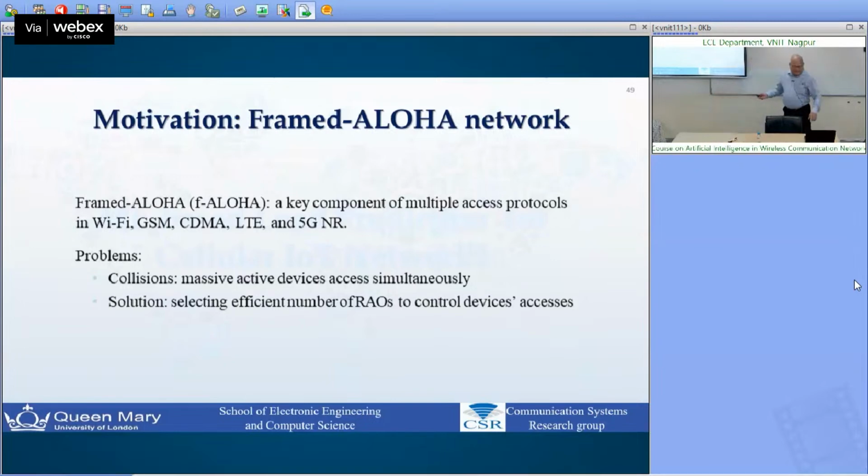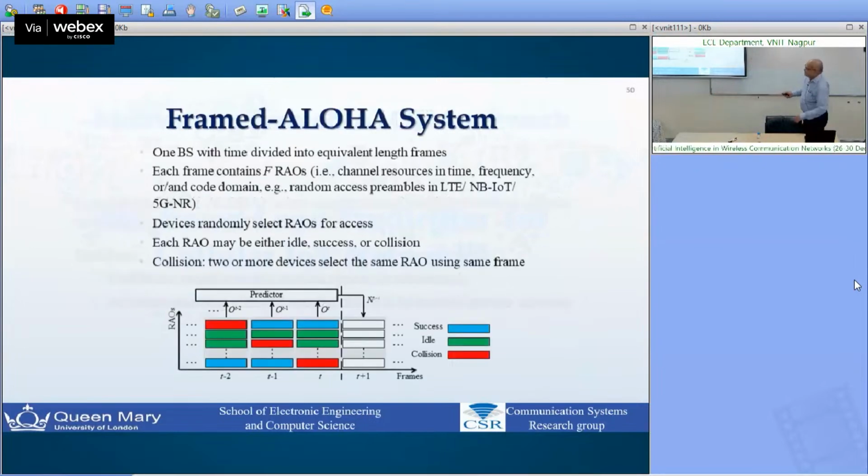If you take the random access preamble in narrowband IoT, every time slot we have preambles. In every time slot, some preambles succeed, some preambles are idle, not utilized, and some preambles collide. There are 3 cases every time slot.